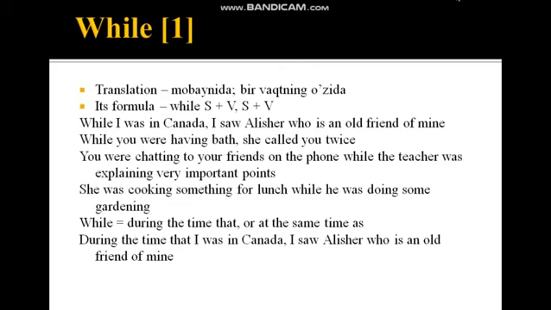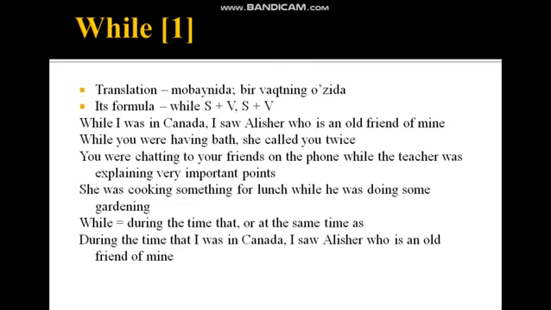Anyway, for this connector, while, I've not encouraged you guys to use its synonyms like during the time that or at the same time as, because you can accept these words as a definition of while number one. So, and now let's continue, guys, with the next one.